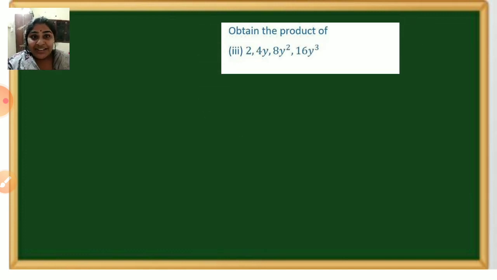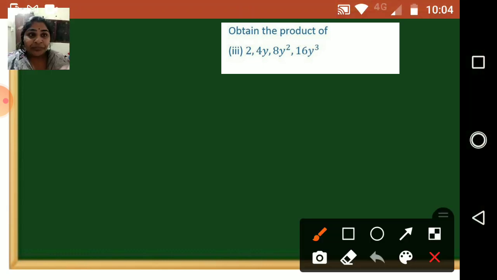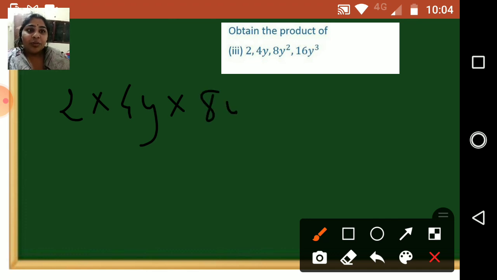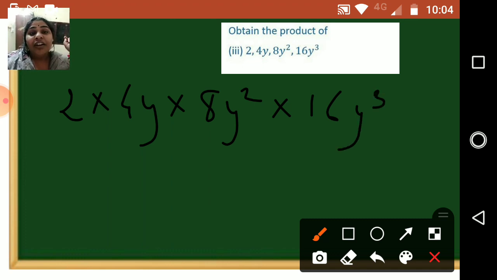Let us proceed with the next one, that is obtain the product of 2, 4y, 8y square, 16y cube. So here, children, it is 2 multiplied by 4y multiplied by 8y square multiplied by 16y cube. In the previous examples, we have seen first we bring together all the coefficients of every term, and we multiply them, and then we multiply the variables.